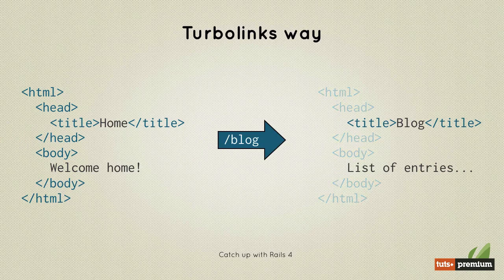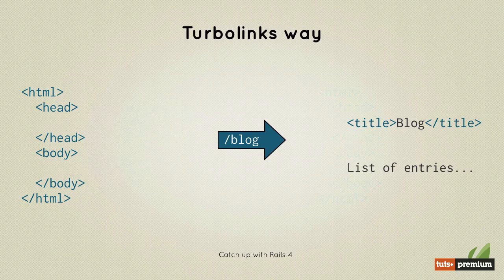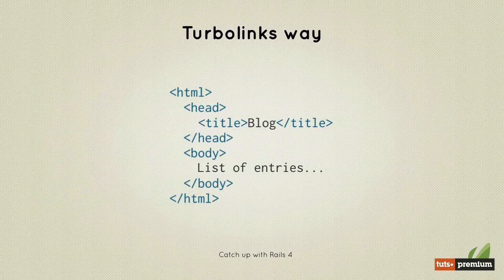Remember that the response comes via AJAX and not via a normal request, so the title and the body are parsed and they are merged with the current page that you already have. This way you stick with the page, with all of the assets, and simply the title is updated, as well as the body. In a nutshell, this is what Turbolinks does. It retrieves pages via AJAX, parses the body and the title, and it merges back into your previous page.